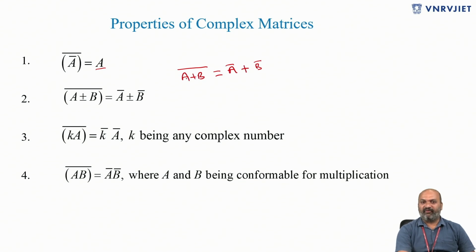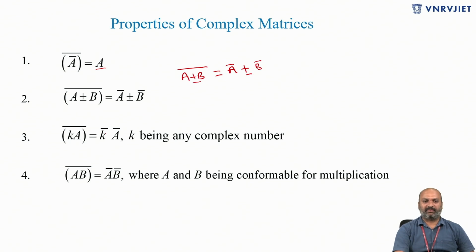That means first we add the matrices, later we find the conjugate, which is the same as the addition of the two conjugate matrices. Both are the same. This property is also the same for subtraction.